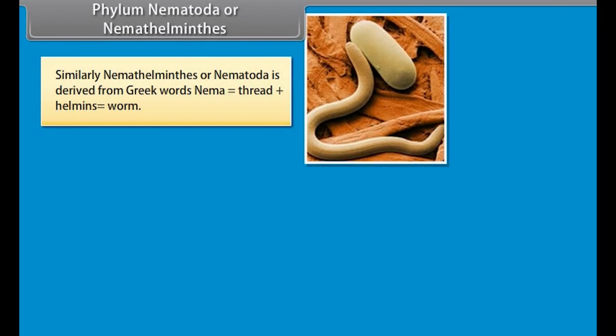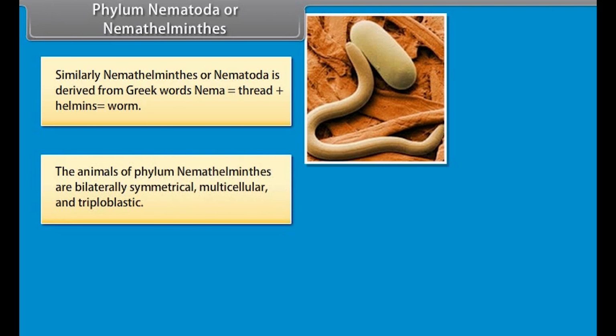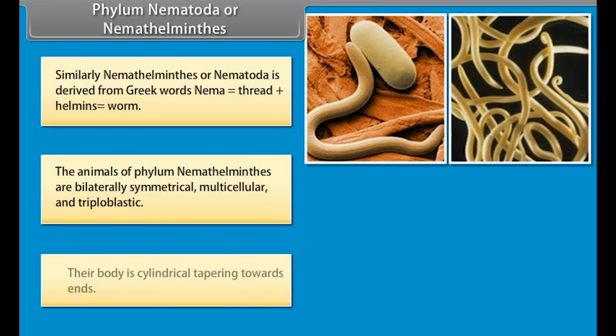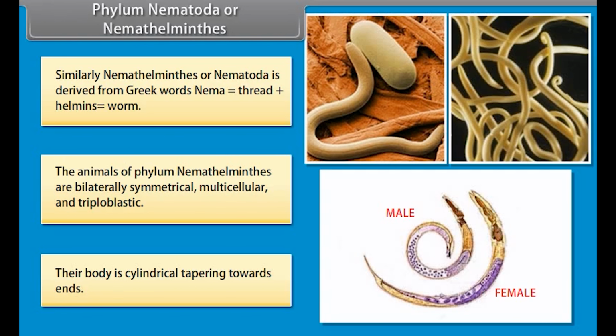Phylum Nematoda or Nemathelminthes. Similarly, Nemathelminthes or Nematoda is derived from Greek words nema, which is thread, plus helminths, worm. The animals of phylum Nemathelminthes are bilaterally symmetrical, multicellular, and triploblastic. Their body is cylindrical tapering to its ends.